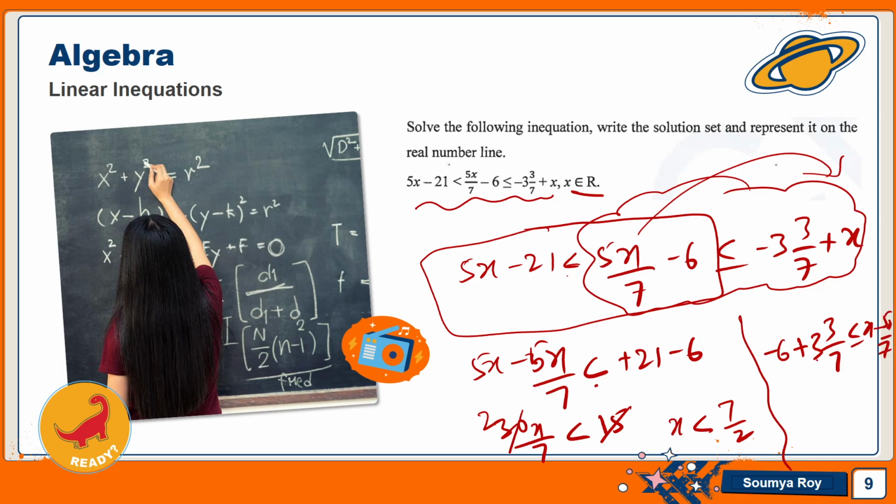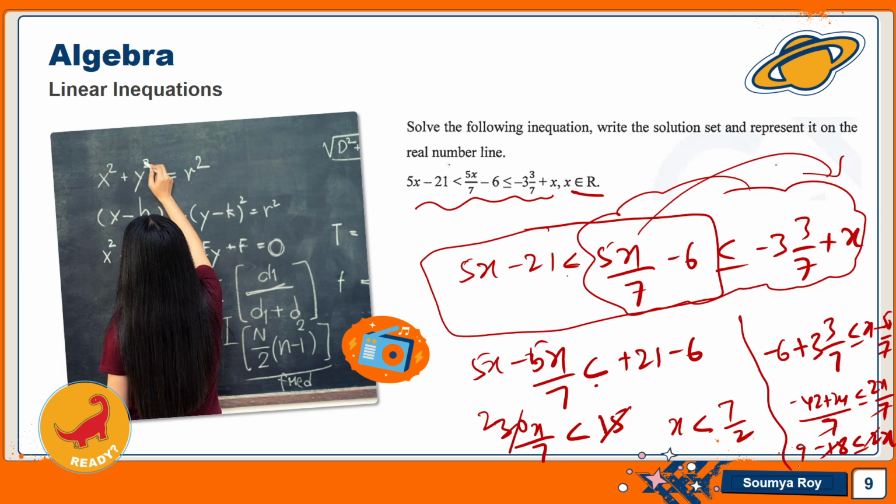If you solve it, 3 7s are 21 plus 3 is 24, 6 7s are 42, so 42 plus 24 by 7 less than or equal to 7x minus 5x, that is 2x by 7. 7 and 7 can cancel obviously, so we are getting minus 18 less than or equal to 2x.